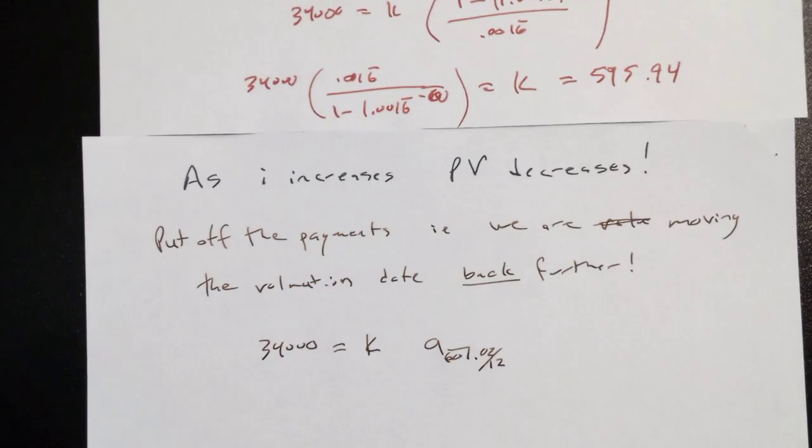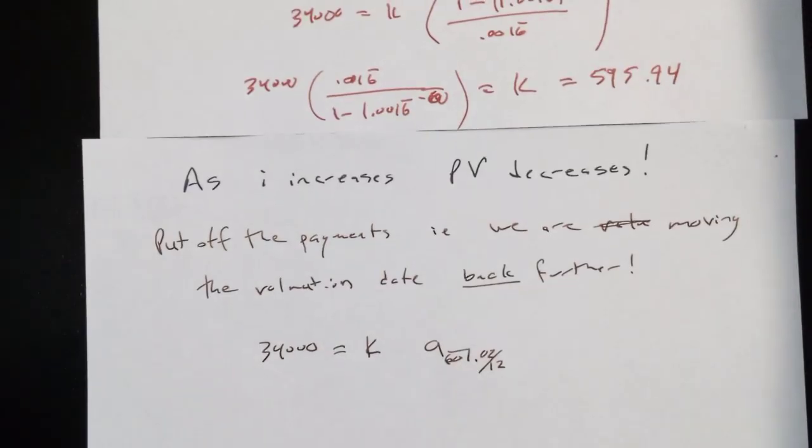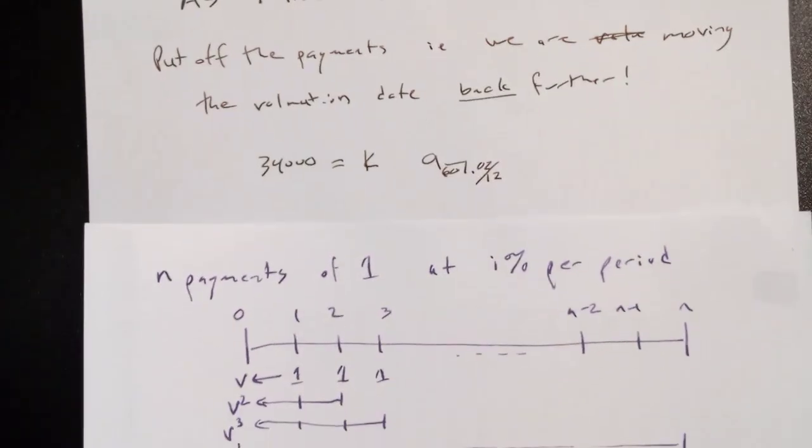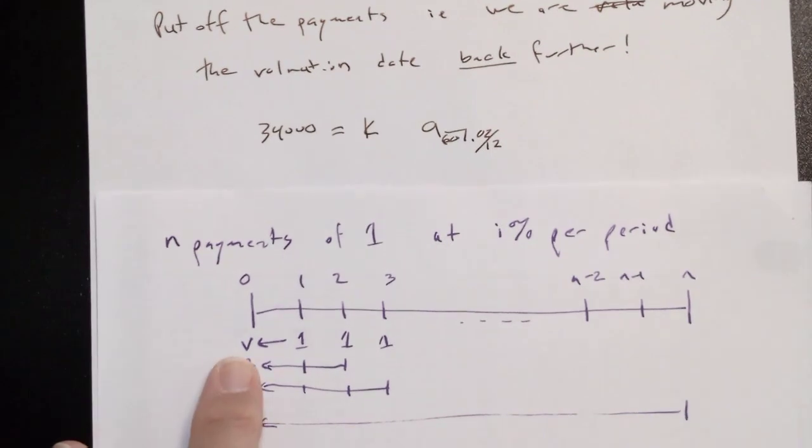That's the payment we just came up with, the $595. But I want to move this back 6 months. What does that mean in my time diagram? Let me go back and look at that picture again. What does that mean for this payment?